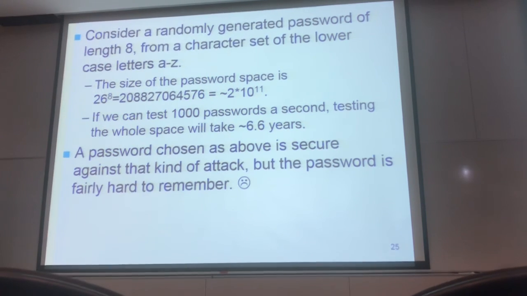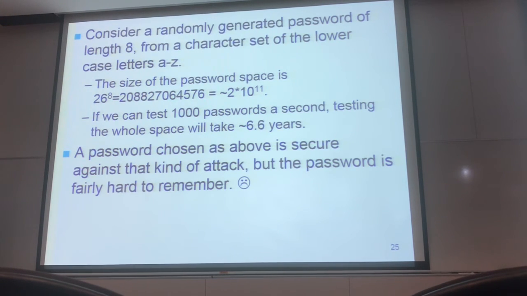If you know it takes 6.6 years to enumerate all the possible passwords, then you need to make sure you change the password well before this time, because if you keep the password for such a time, the attacker can find it.